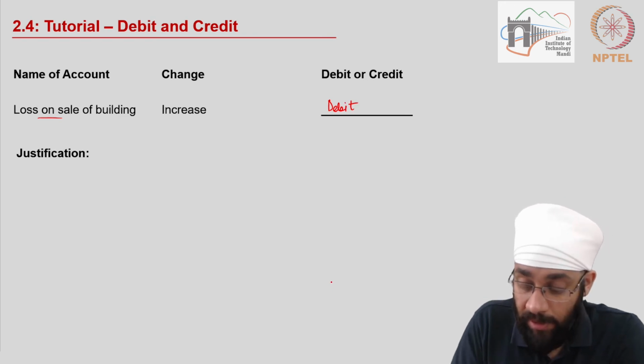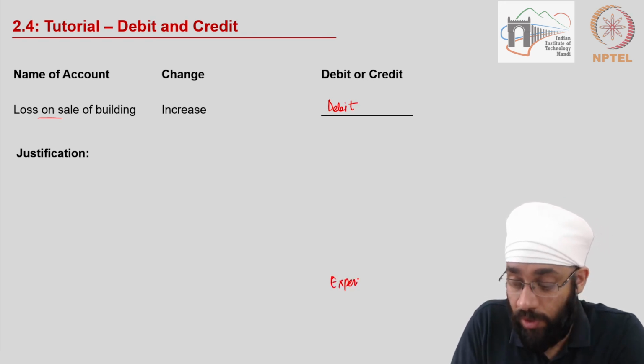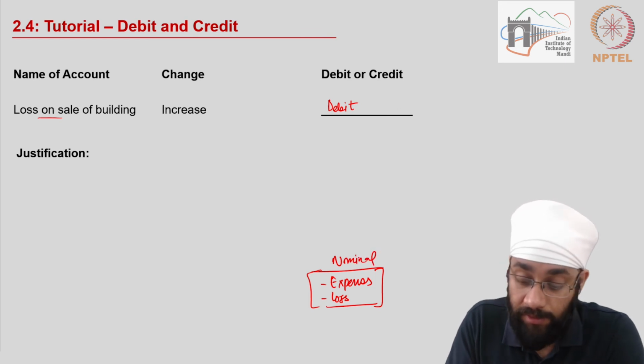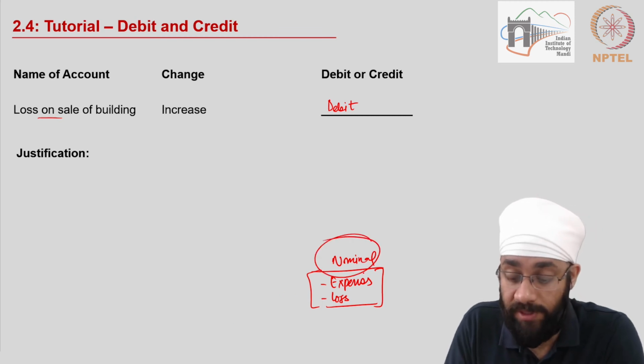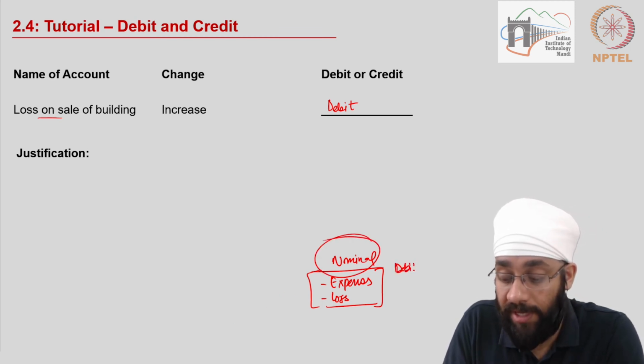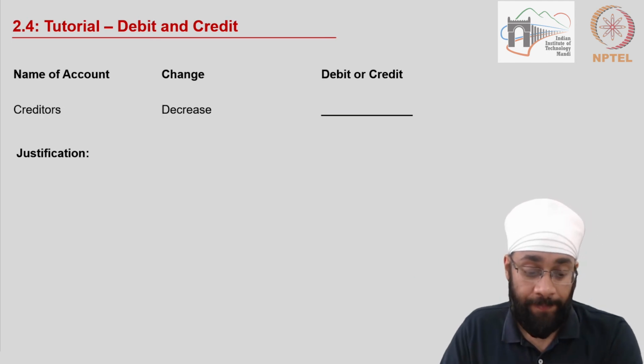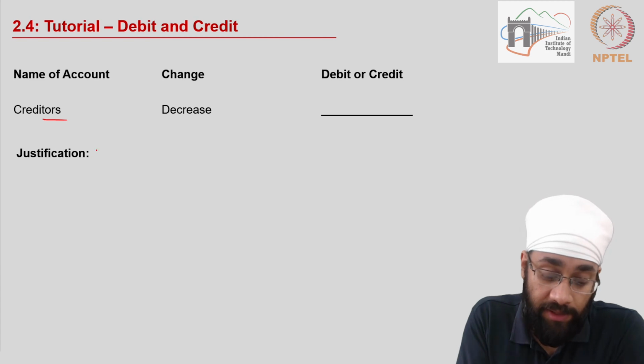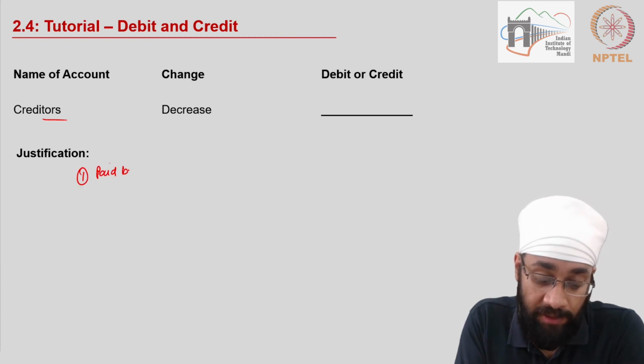And if you remember the rule, which was all expenses and losses, these are nominal accounts, and we're going to learn the rules of debit and credit where we will say all expenses and losses are going to be debit as well. So just wait for that. Okay, creditors are decreasing. When creditors decrease, it means you paid back the creditors.